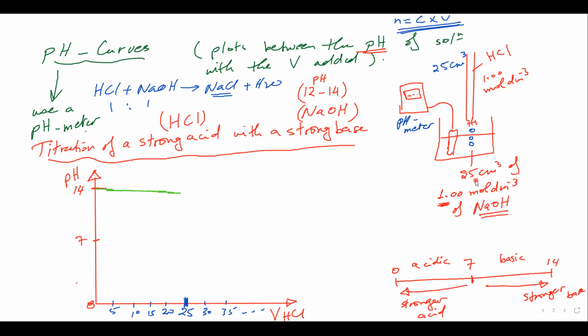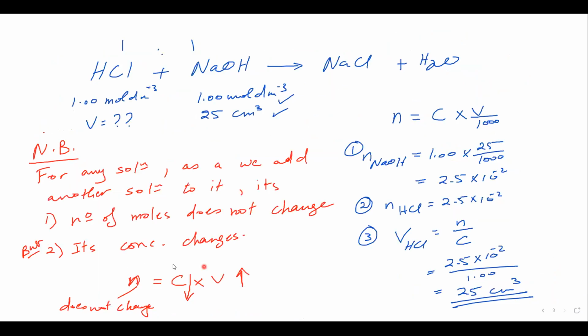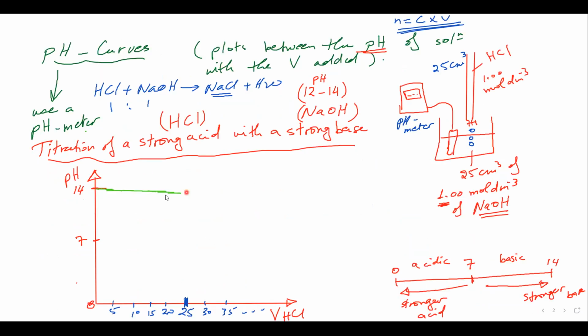As I told you, when the volume increases, the concentration of sodium hydroxide decreases, and when the concentration of sodium hydroxide decreases, the pH also decreases, but very slightly.